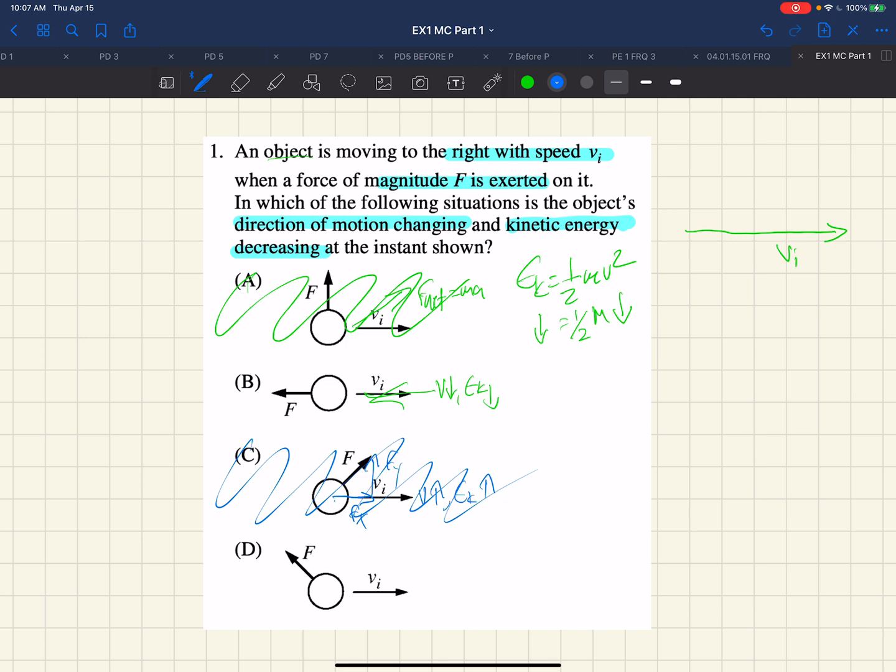Choice D, we can see that there is a component in this direction that opposes the motion and a component off to the side. So we do see there is a component of the force that will cause the velocity to slow down in the x direction.